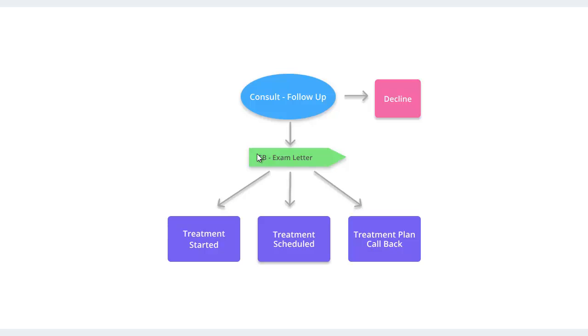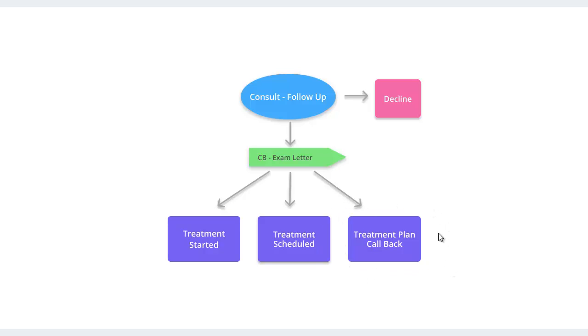So Referral Raven generates a task, and that's what this green arrow is here, a task in the correspondence bucket that says this patient needs to get an exam letter uploaded to their file, so that whoever's handling the correspondence knows that this patient's had an exam, they need to get their exam letter, and so they can upload it, and once the exam letter is uploaded, it goes back and notifies the doctor that the exam letter is ready.